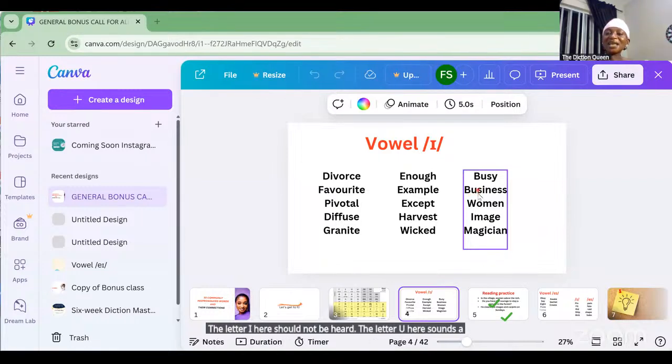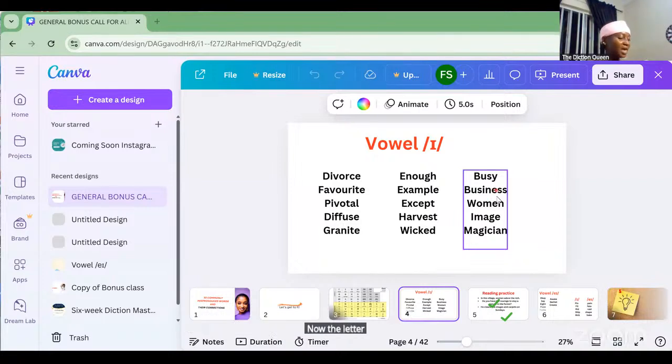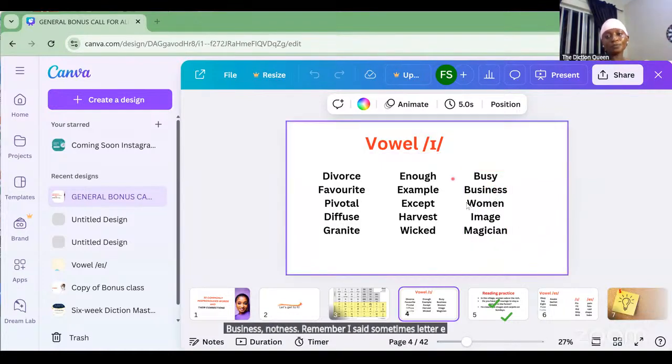The S sounds like a Z. Now the letter E also sounds A. Business. It's not bis. It's biz, as in zip. Business. Not ness. Remember I said sometimes letter E sounds A.